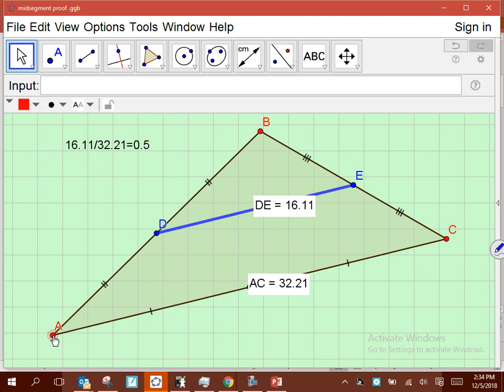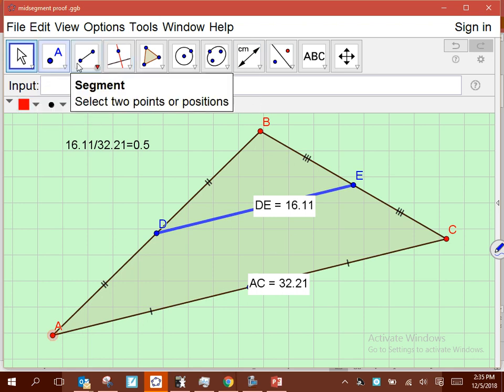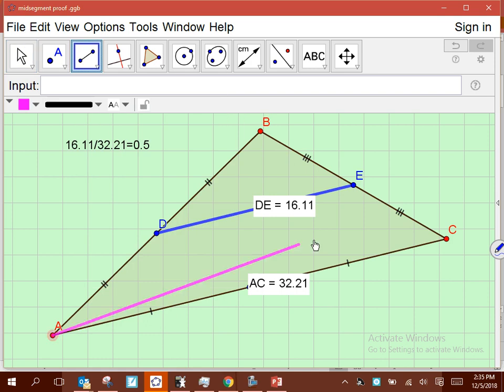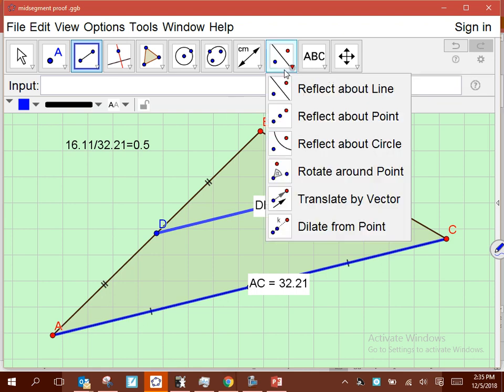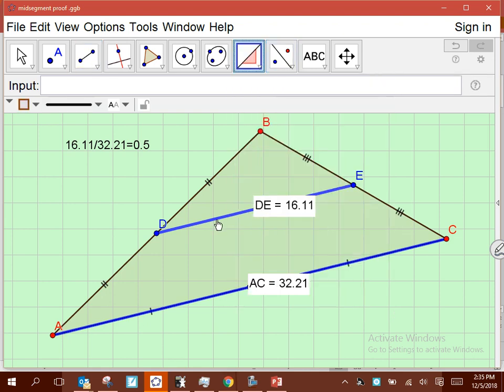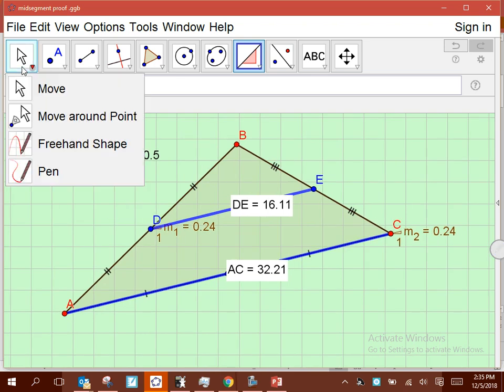What is another relationship that you think is probably true about that blue segment and the third side? Let's go off of looks here. It's parallel. Okay, so those blue segments, if I look at the slope, that one's 0.24, that one 0.24.